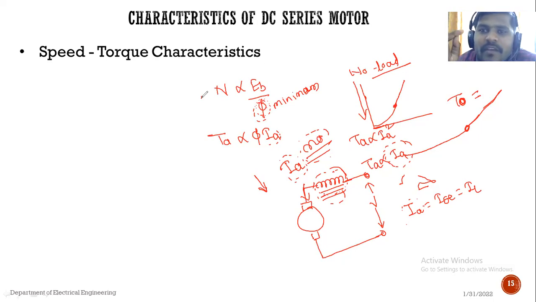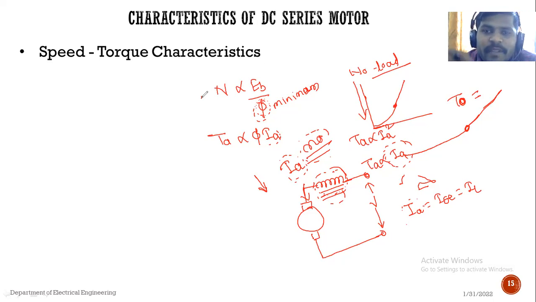See, when the DC series motor is on no load condition, it will carry a minimum current or it may be less current. As the field winding is in series with the armature winding, the field winding will also carry less current. Due to less current in the field winding, it will produce a minimum flux or less flux.